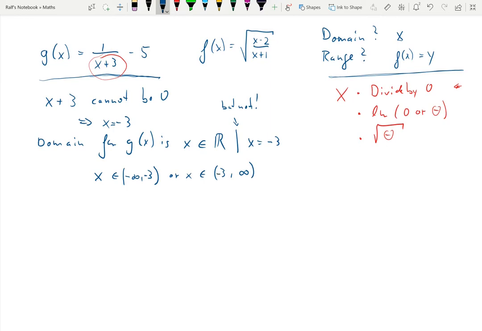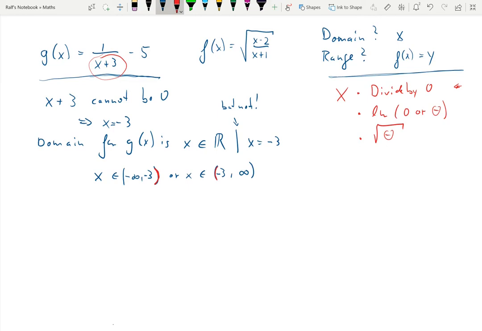So remember the round parentheses here, let me make them red. If you have round parentheses in an interval, they mean that this boundary value is not included, and that's important because negative 3 would imply a division by 0.